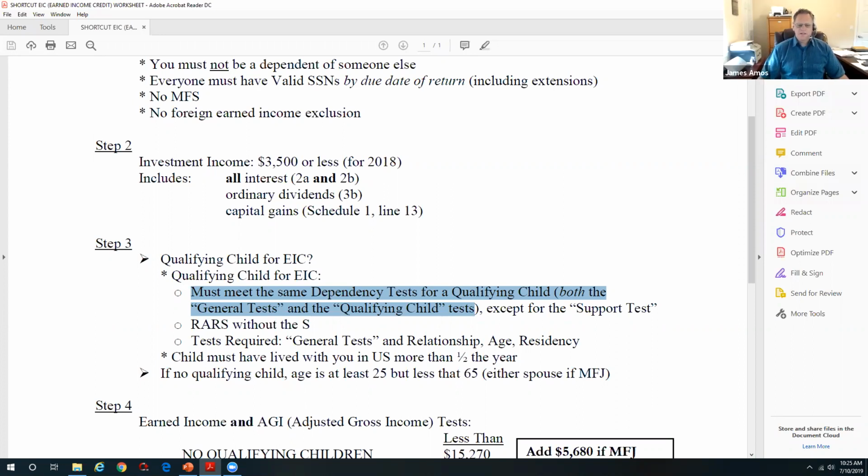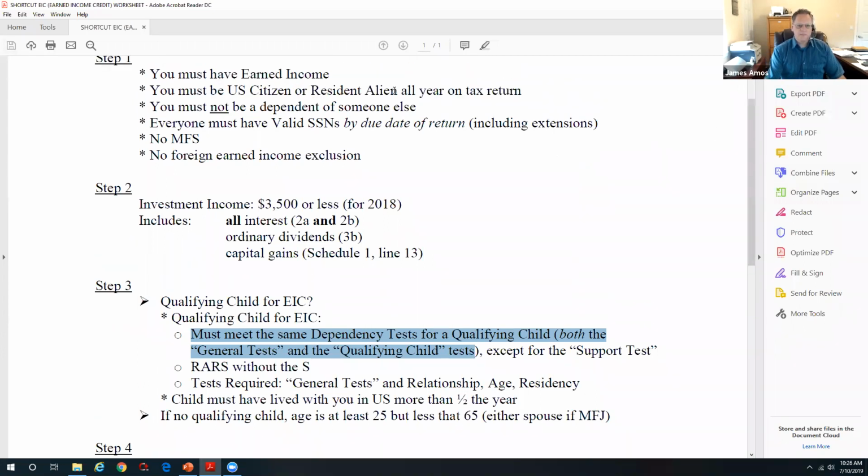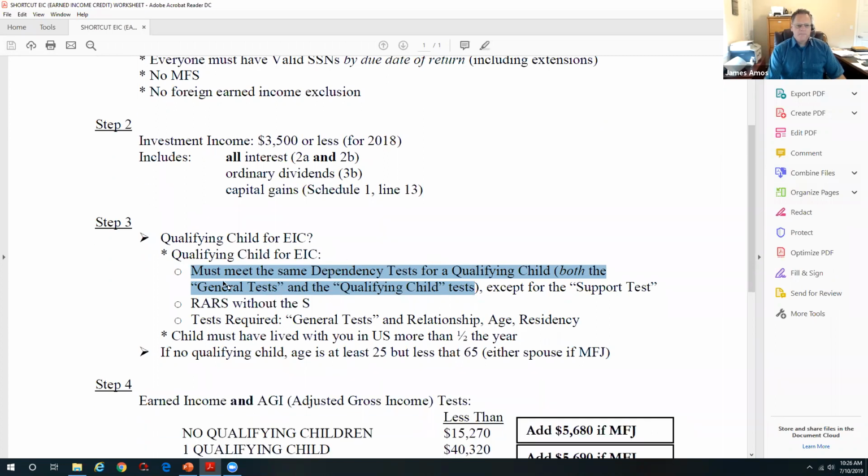Dogs jump creeks, the C in creeks, what does that stand for? Citizen or resident test. That's right. And what does that mean, Sheila? You must be a U.S. citizen or resident of North America. That's right. Perfect. And notice that's not quite the same as the test up here for the EIC: you must be a U.S. citizen or resident alien of the U.S. So that takes care of your general tests.